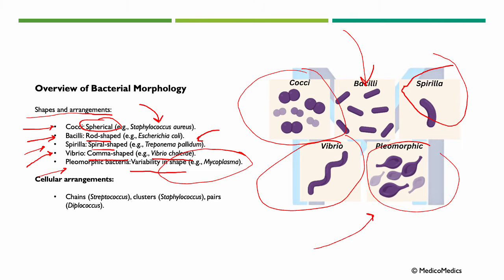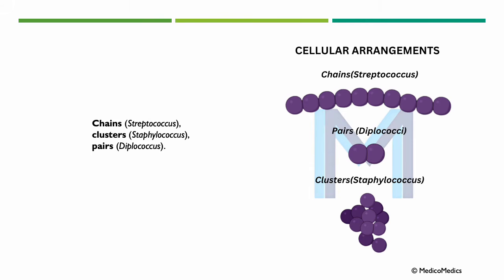Now, cellular arrangements. So we can have chains, like for example, Streptococcus. These can be in clusters, like Staphylococcus, and they can be in pairs, like Diplococcus. So all in all, bacteria come in different shapes, sizes, and forms. Here then we have an illustration of these cellular arrangements.